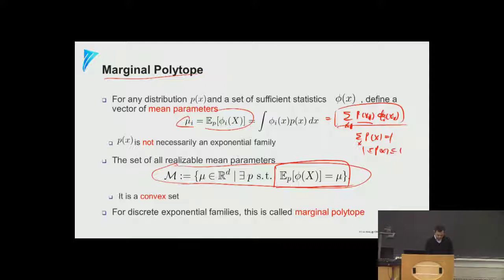Therefore, this marginal polytope is just the convex hull of all the extreme points of the sufficient statistic functions. So that's why it is called the marginal polytope.